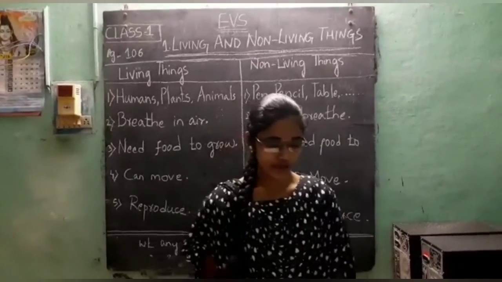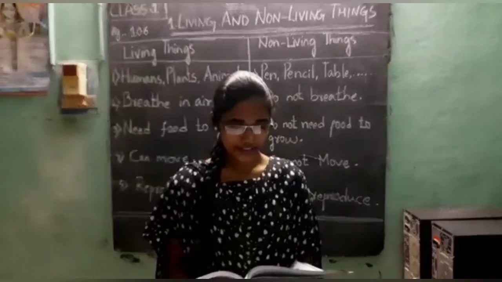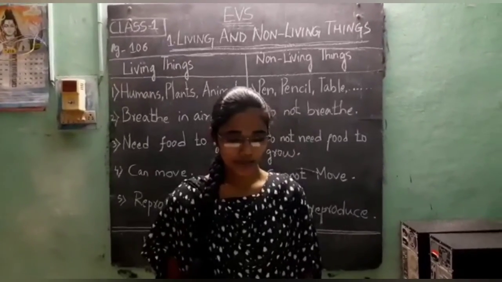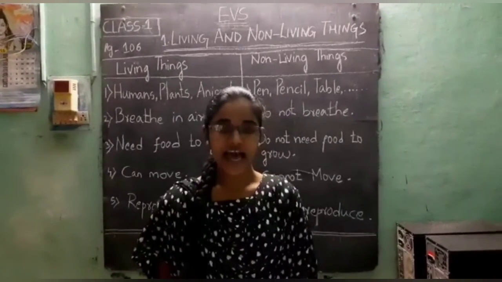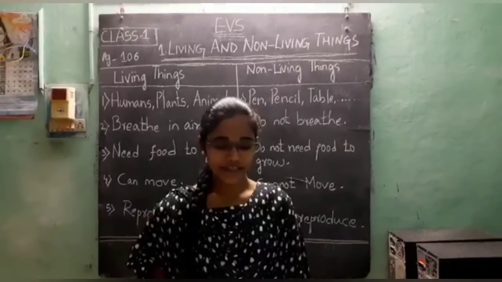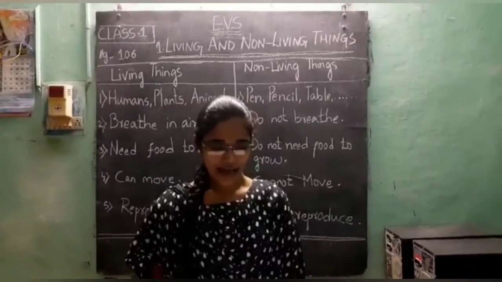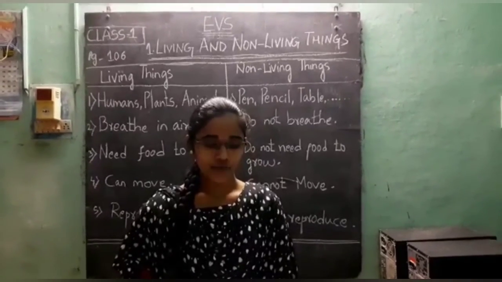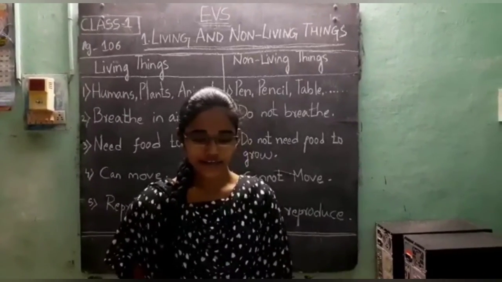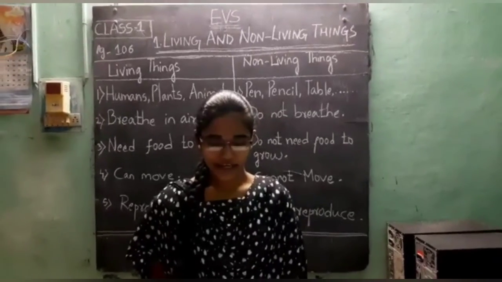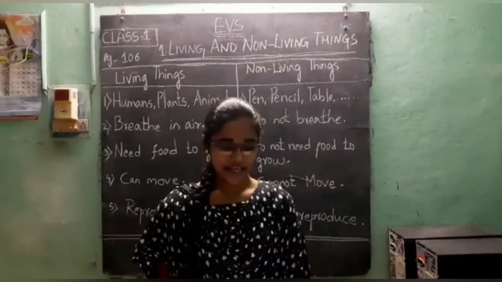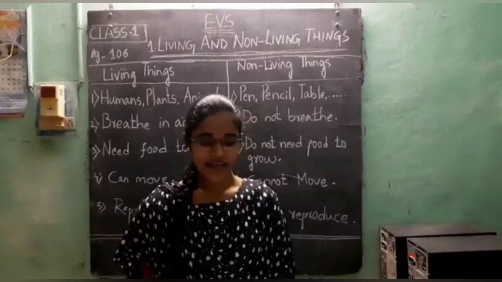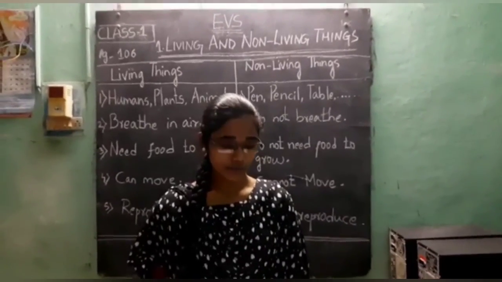Now the first point: all living things like humans, animals and plants breathe in air and give out impure air, whereas the non-living things like pen, pencil, table, chair, etc. do not breathe.